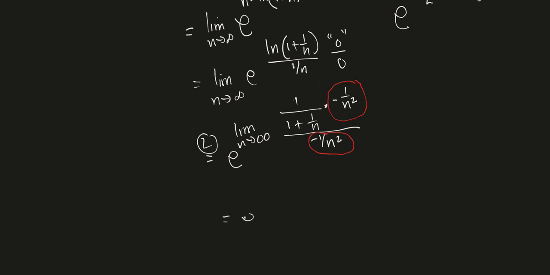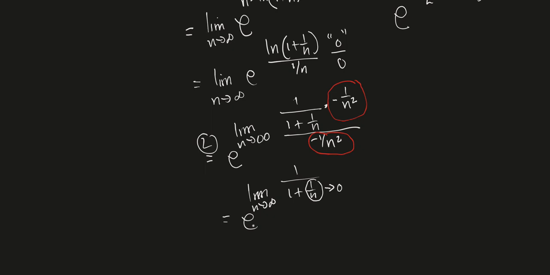But we have e to the limit as n goes to infinity. And all we have left now is just this, 1 over 1 plus 1 over n. So as n gets very, very large, this term approaches 0.